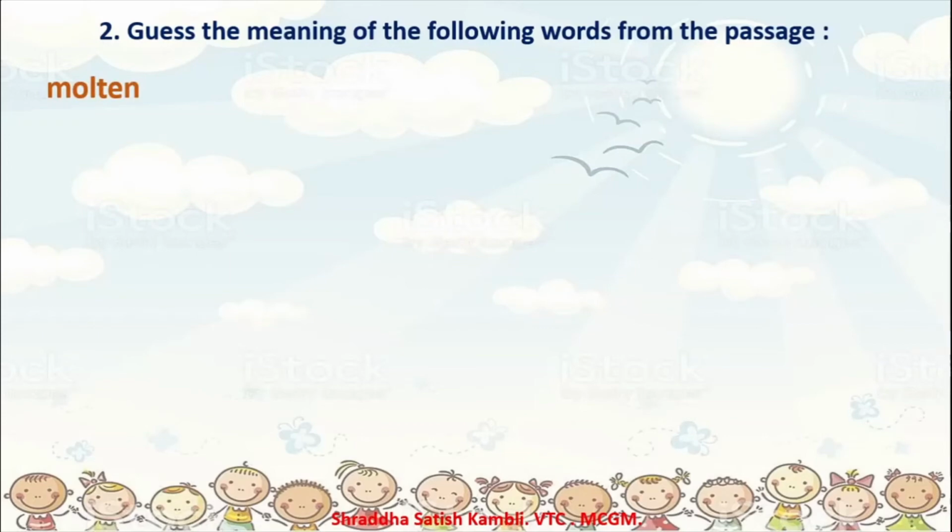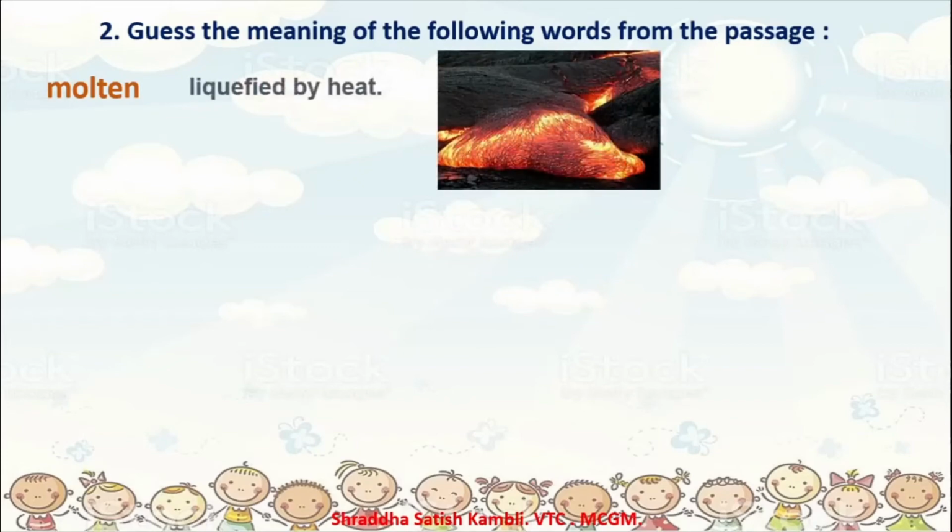So what is molten, children? Molten means liquefied by heat. Anything which is solid, and when you heat it, it becomes liquid, that liquid thing is called molten. So anything which is made liquid because of the heat which is given to it is called molten.